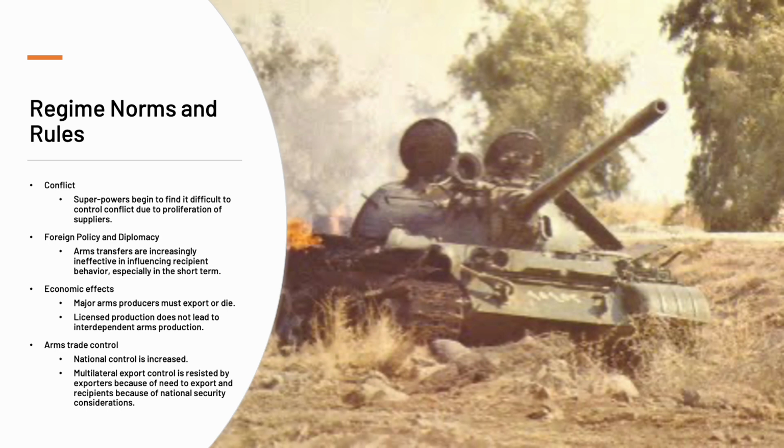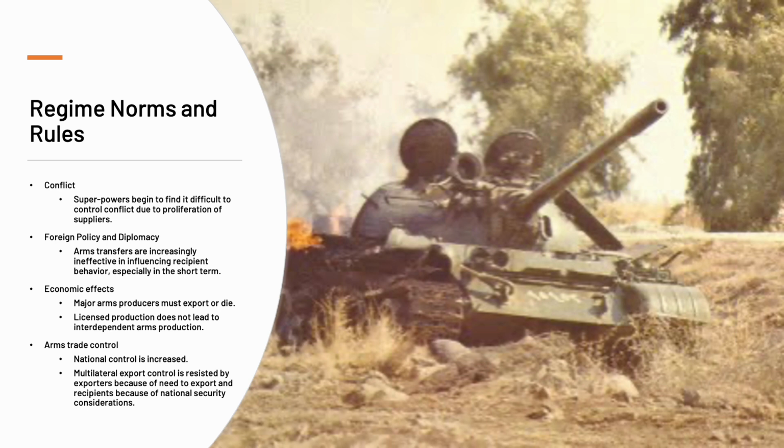The problem with that is that superpowers began to find that they couldn't control states as much as they could prior because they no longer had the leverage. If Egypt was importing arms from Russia and Russia was telling Egypt to do something that Egypt didn't necessarily want to do, then they would just give them the middle finger and switch to importing arms from the U.S. Right?